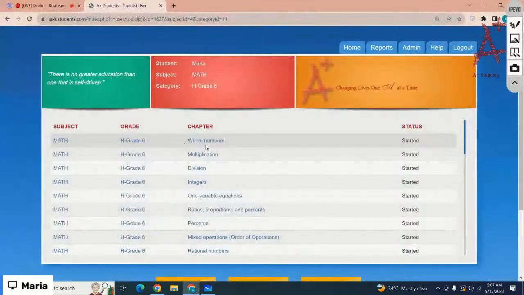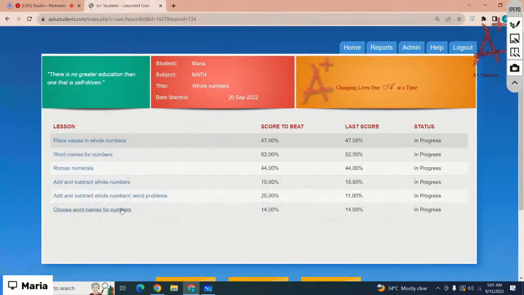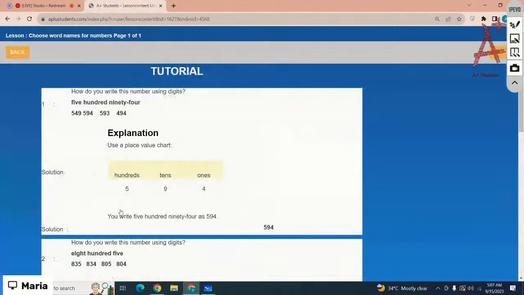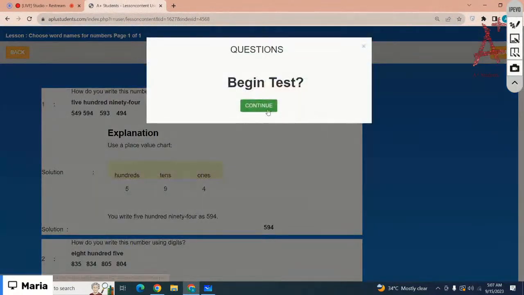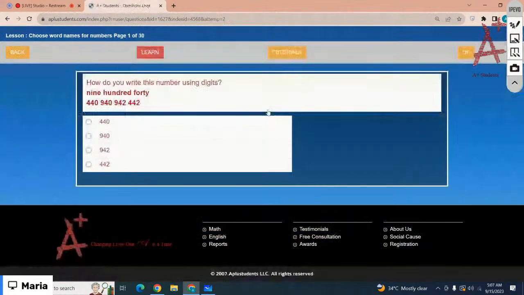So here I'm on the chapter whole number. Here is the lesson. Choose word names for numbers. How do you write this number using digits? 940. You are given the word name. You have to write in digit form.